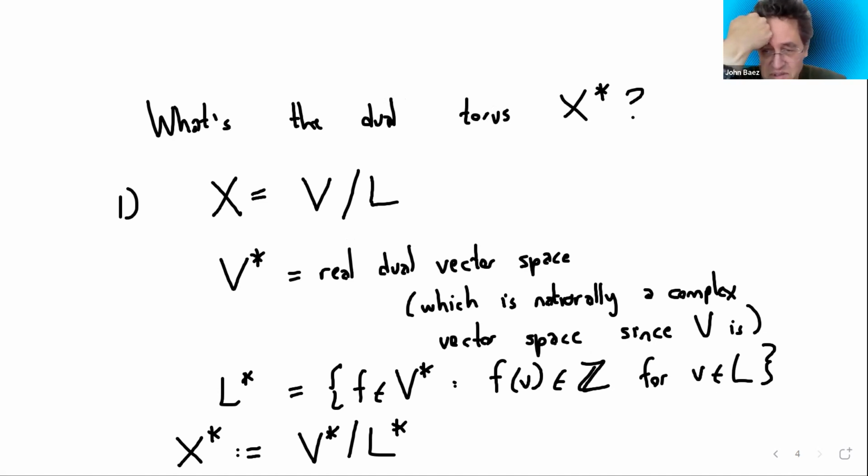I'm still confused about this, but there is this other thing you can do that gives you a naturally isomorphic torus. So let me just torture you by telling you this other way.